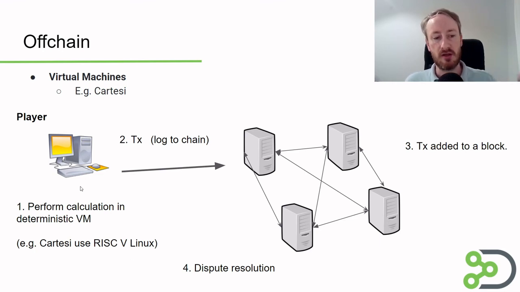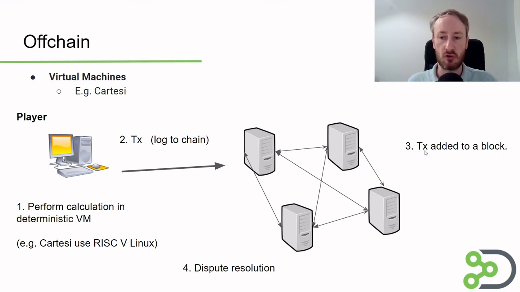So in this case, the off-chain virtual machine will perform the calculations of the game. It could be that you have multiple players logging into the one machine, for example. Let me just roll with that example as an idea. They play the game, and then at the end of the game, a log of the actions is basically sent to the chain inside a transaction.